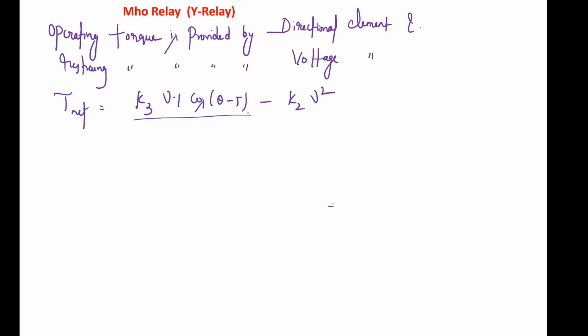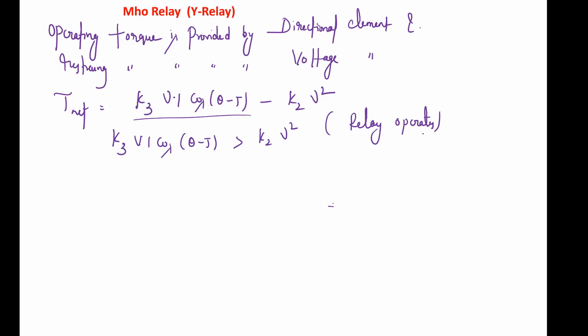So again, for the relay to operate, the net torque should be greater than 0. That is, if K3 VI cos(theta minus tau) is greater than K2 V squared, the relay operates. Understand?